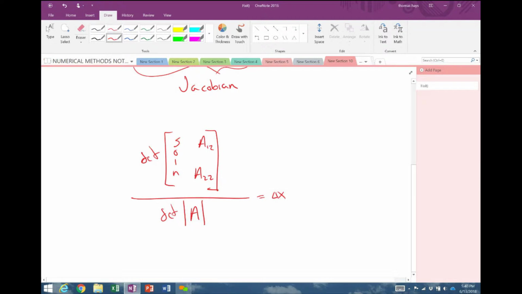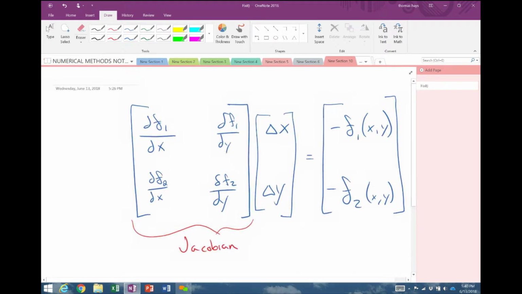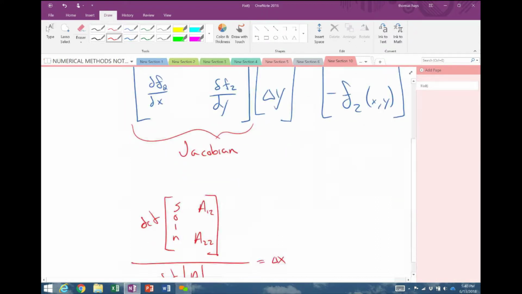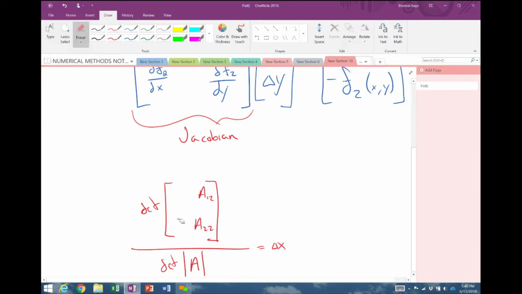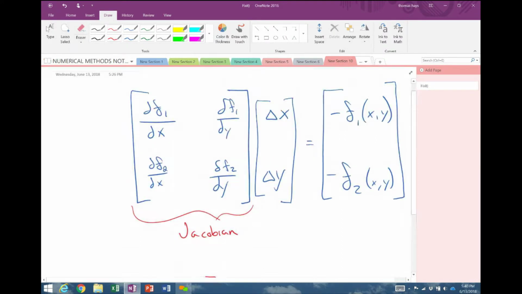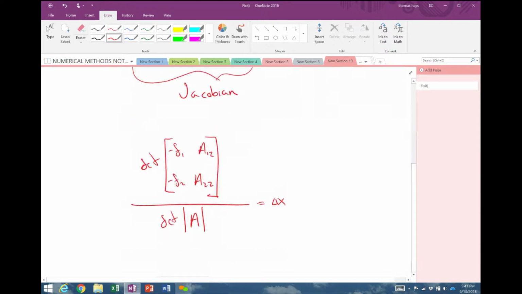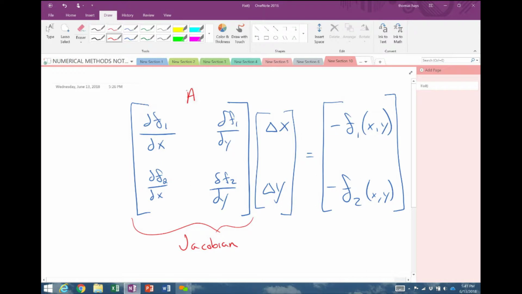So if we look in the textbook, and if you remember what our initial default state is here, our right-hand vector is going to be negative f1 and negative f2. So really for the first solution, I'll just write it in here: negative f1, negative f2, over the determinant of the unmodified matrix. Well, just to make sure you're clear, this is what we're calling the A matrix of coefficients.